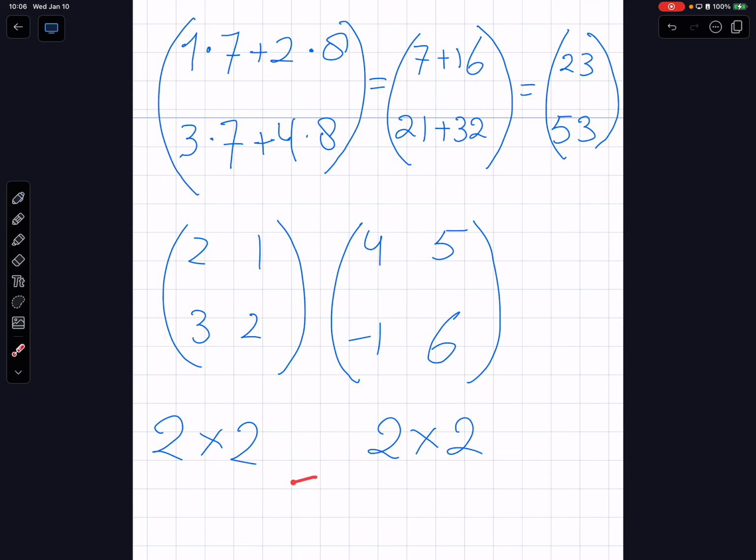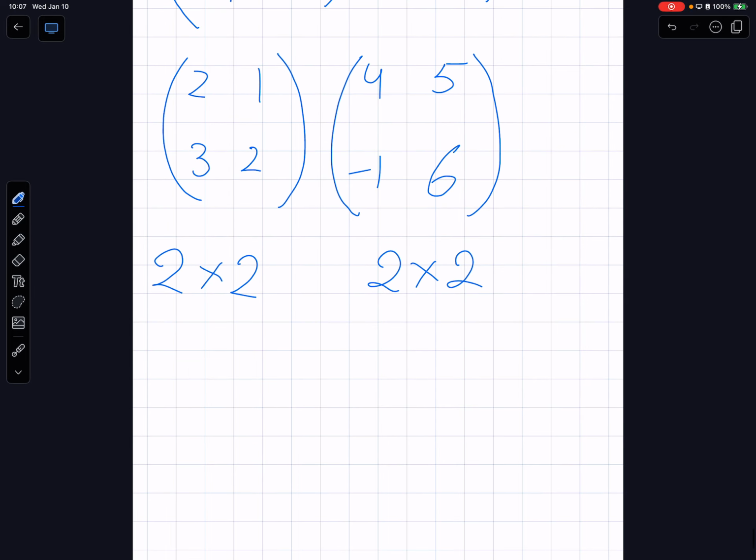They can be multiplied. Why? Because the column of the first one matches the row of the second one. What does my answer need to look like? 2 rows, 2 columns. So, row multiplied by column. Remember, 2 by 2. Here we go.